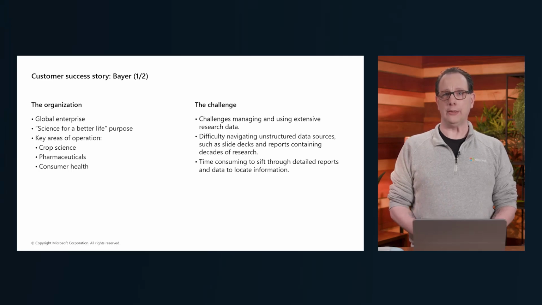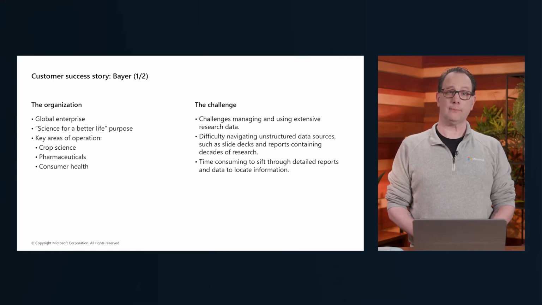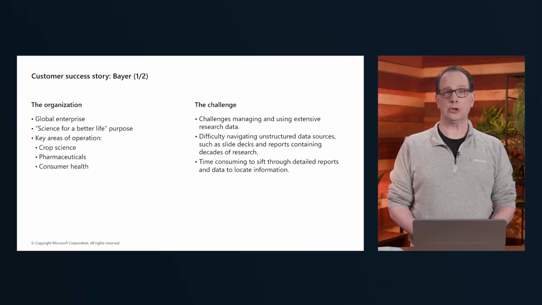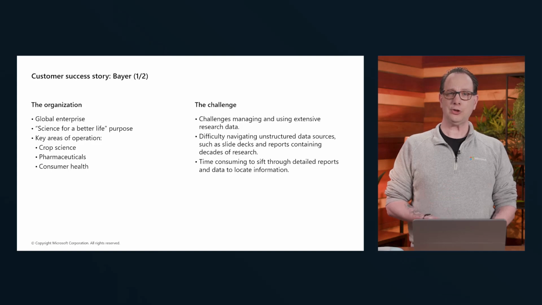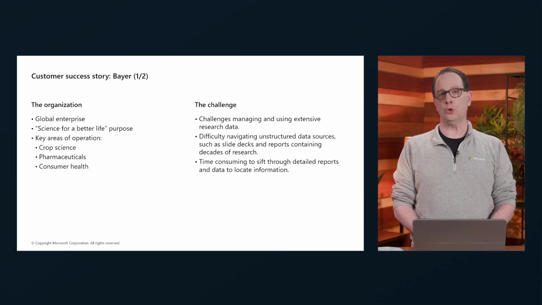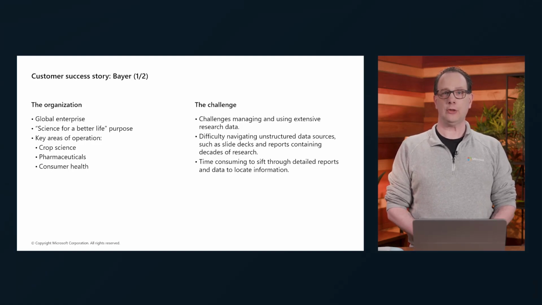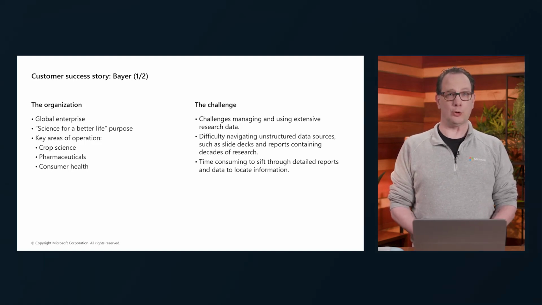This made it hard for teams to identify relevant information, locate existing models, and understand ongoing research due to overwhelming volumes of data. Additionally, the tedious task of sifting through detailed reports and data for specific information was super time-consuming, specifically for researchers and other employees in the company.